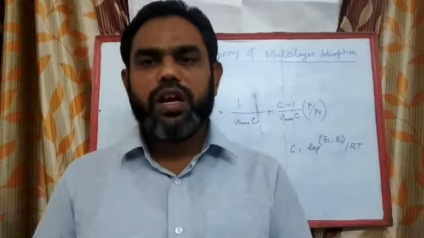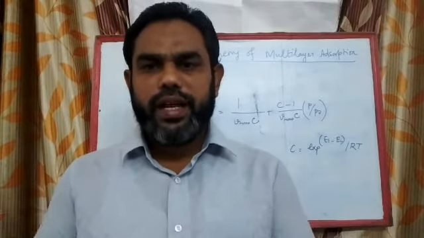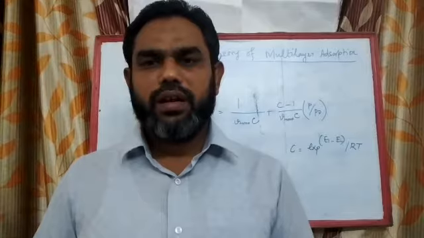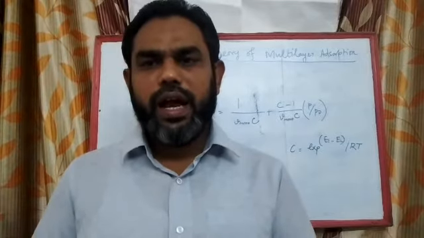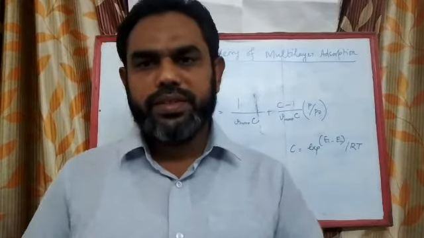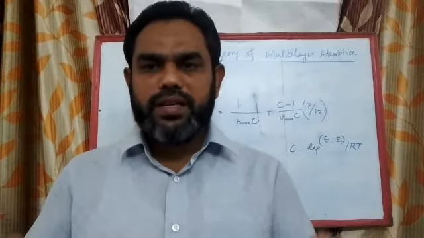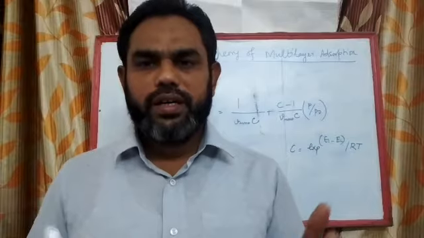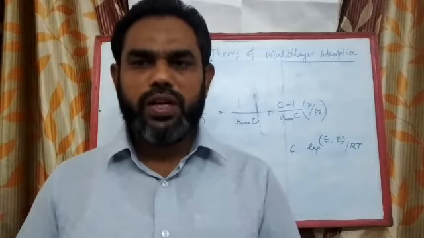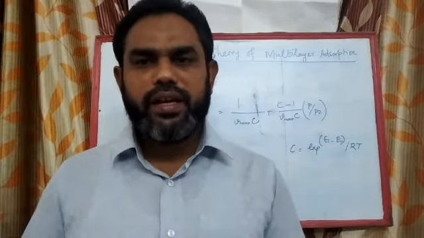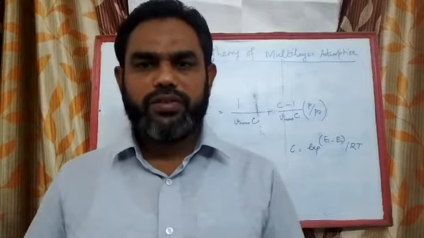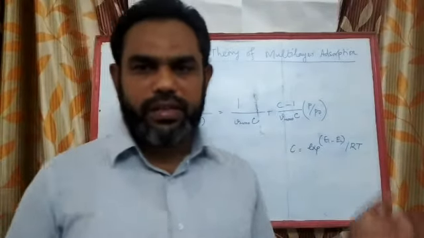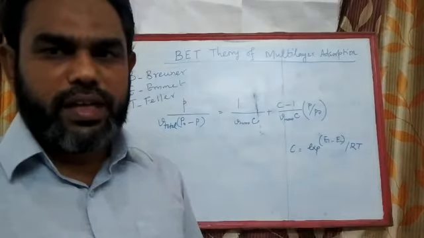The molecules do not move around. They are kept constant at a particular place. So, based on these assumptions, what Langmuir has assumed, the three scientists Brunauer, Emmett, and Teller derived an equation.